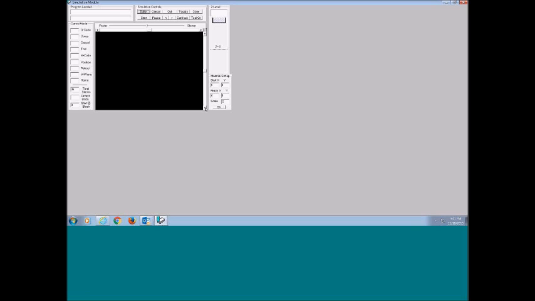Then I'm going to bring it down so I can see the red dot. I think you can see it right there. And then I'm going to hit start. Okay, very simplistic.